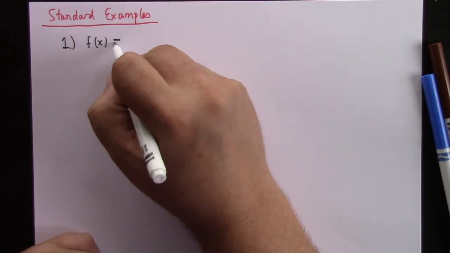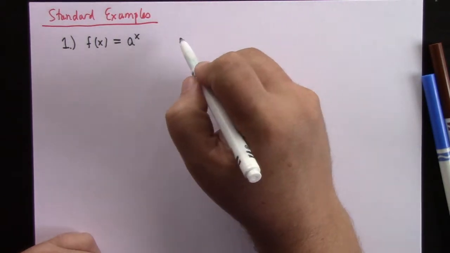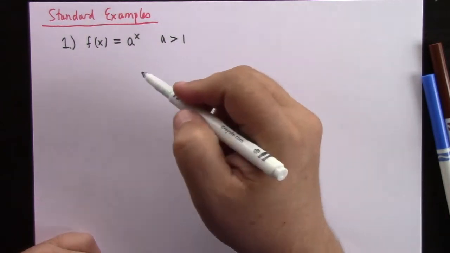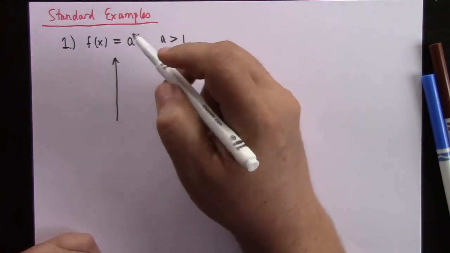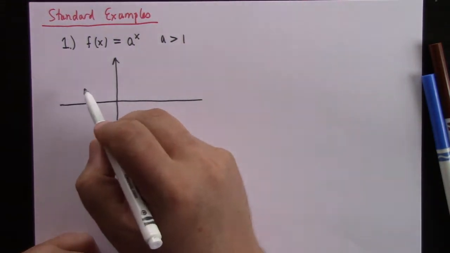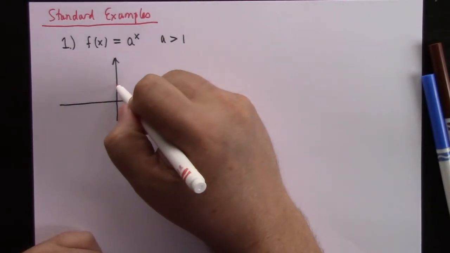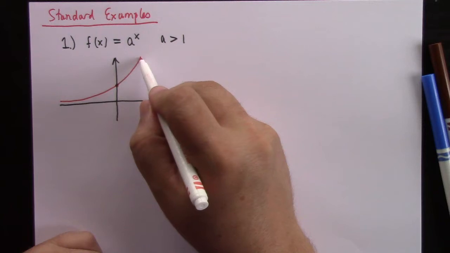So basically, f of x equals a to the x, and here a is some constant greater than 1. For the sake of this discussion, it goes through (0, 1), and its graph looks something like this, very crudely speaking, right?